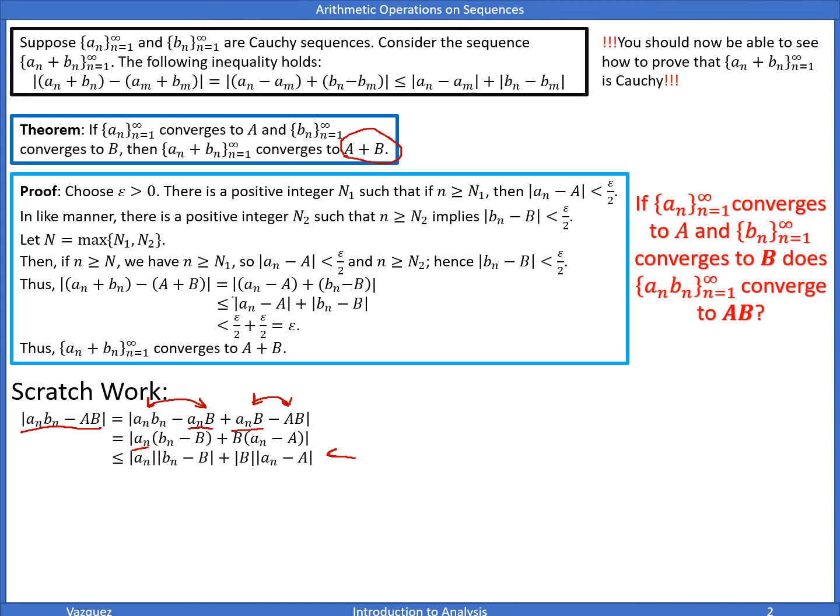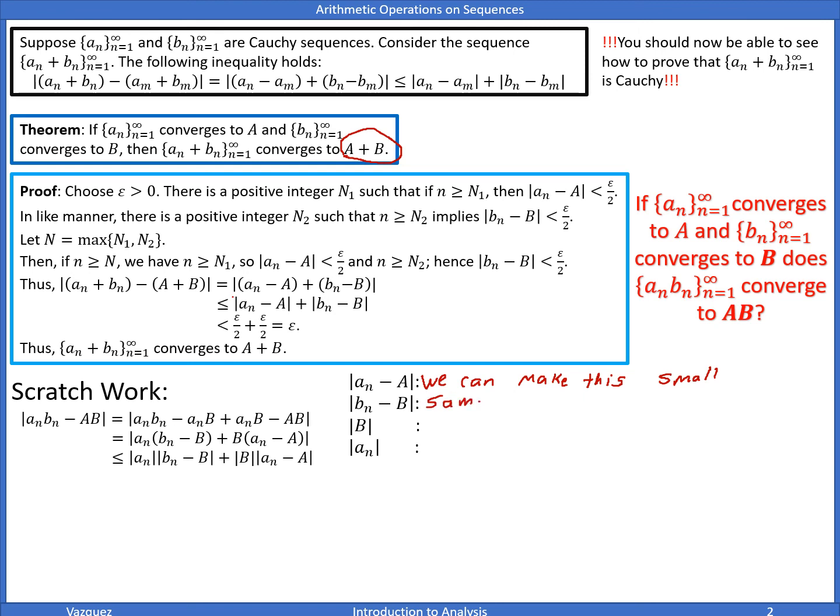So now the question is, can we make this less than epsilon somehow? Well, we're going to have to look at each piece separately. We can definitely make a_n minus a as small as we want, since it's converging.